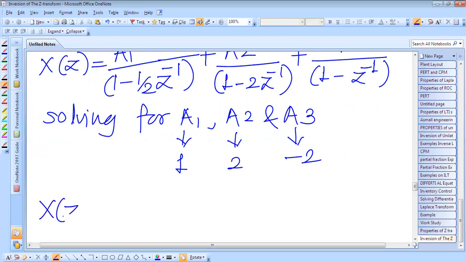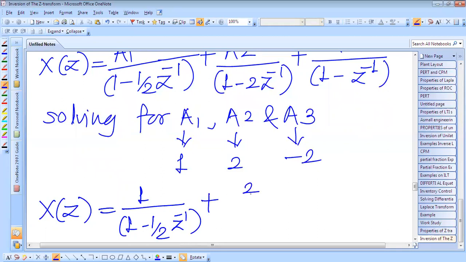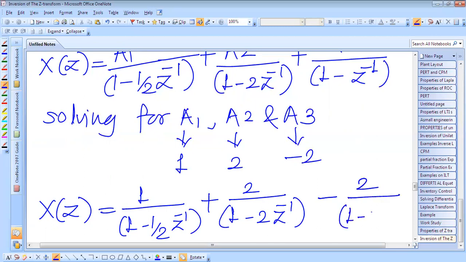Substituting these values, we can write 1 over 1 minus half z raised to power minus 1, plus 2 over 1 minus 2 z raised to power minus 1, plus minus 2 over 1 minus z raised to power minus 1.